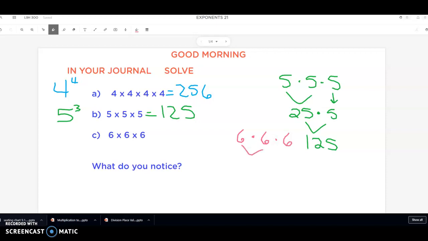All right, 6 times 6 is 36. 36 times another 6. 216. And this would be written as 6. How many times do we multiply it? 3. 6 to the 3rd power.